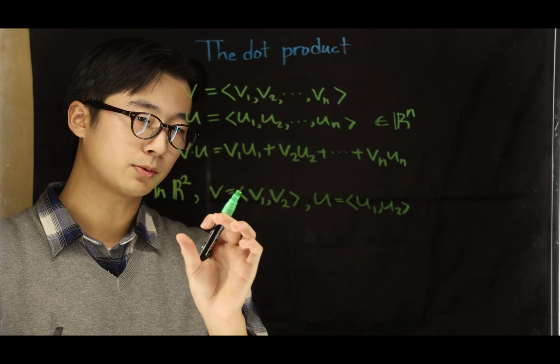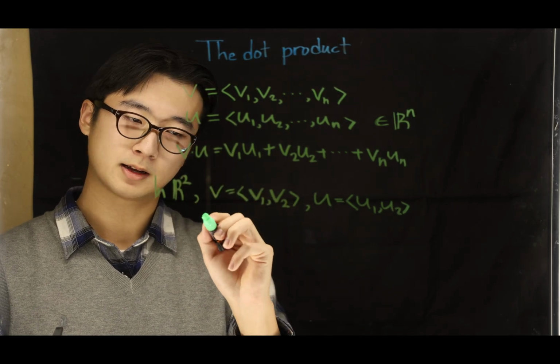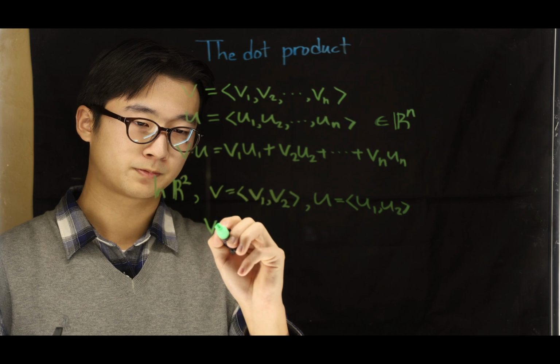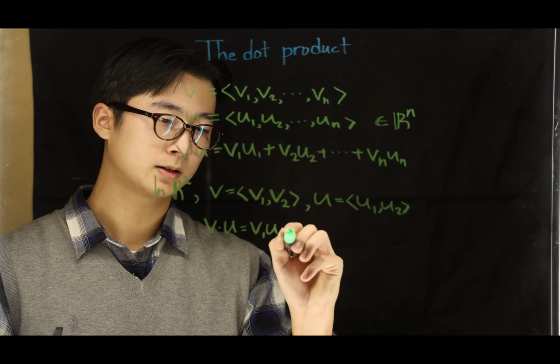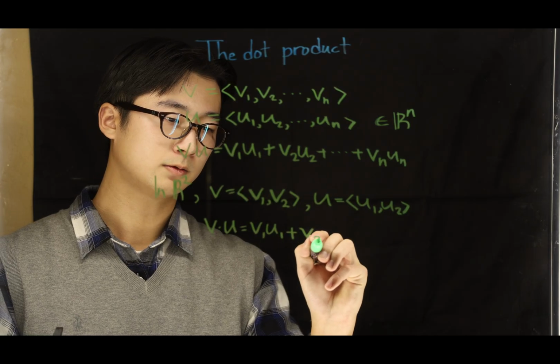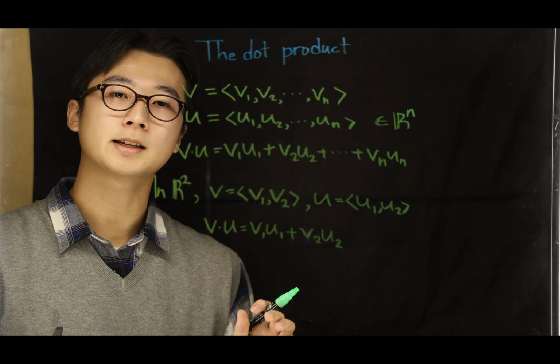And the dot product between the two vectors v and u is just equal to v1 u1 plus v2 u2. That is it. Very simple.